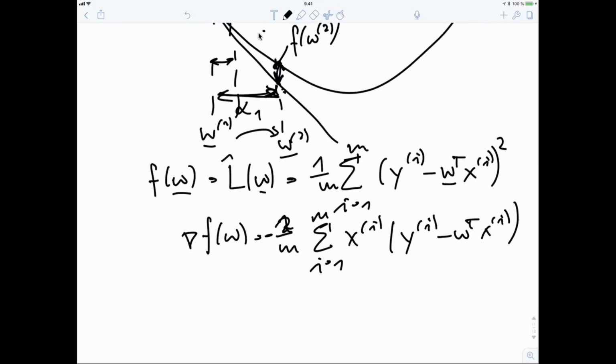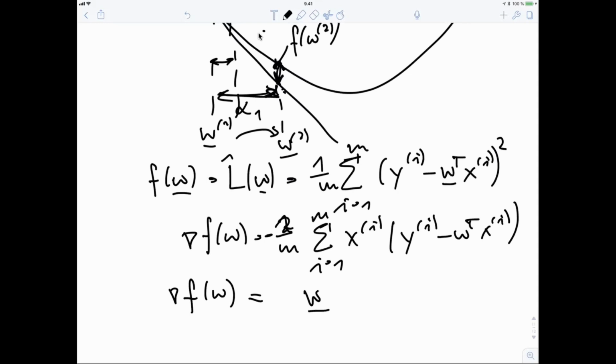And we can also say more about possible choices for the step size, because the gradient itself can be written as a matrix vector multiplication.